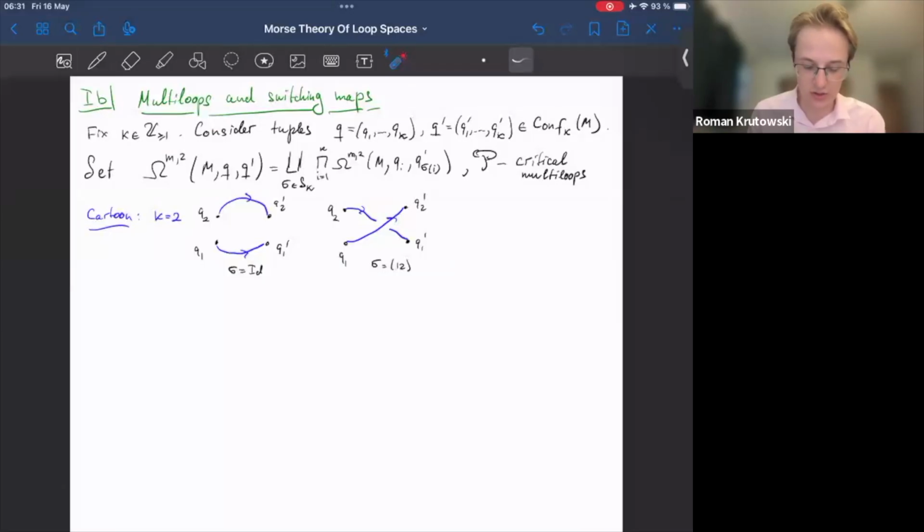We set this space omega M2 of multi-paths from one tuple to the other to be a disjoint union over all permutations on kappa elements of products of paths from Qi to Q sigma i prime. So in the case kappa equals 2, there will be only two connected components in this space, which correspond to the identity permutation and the transposition.